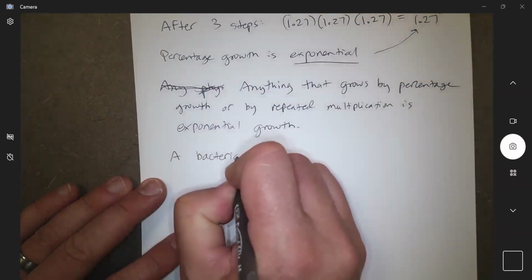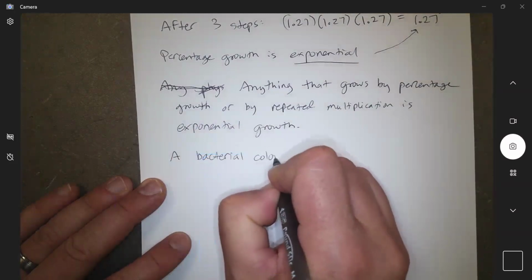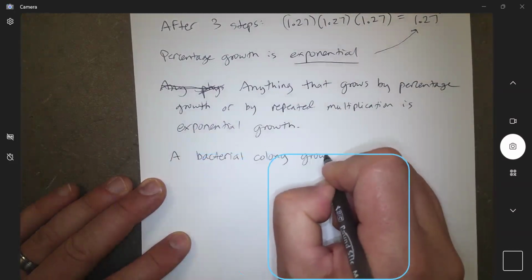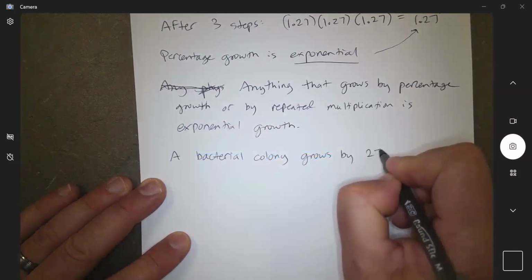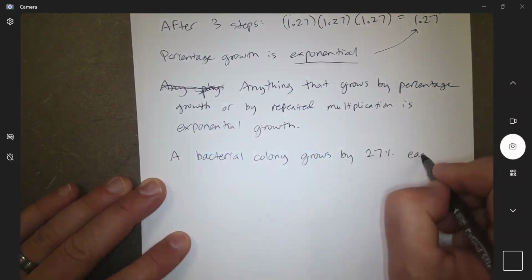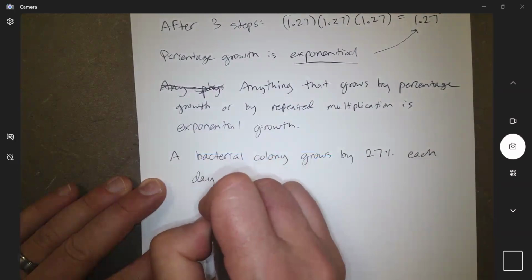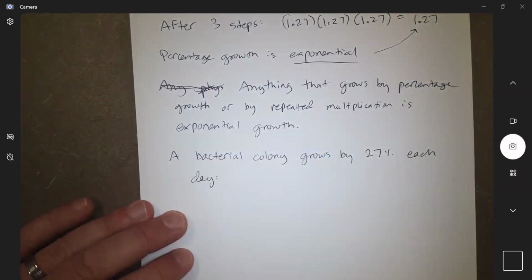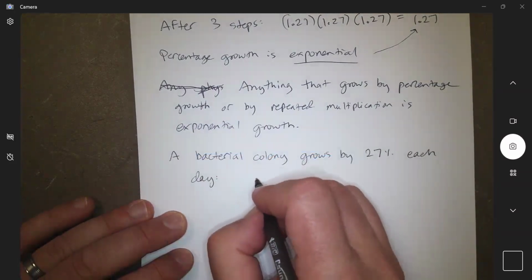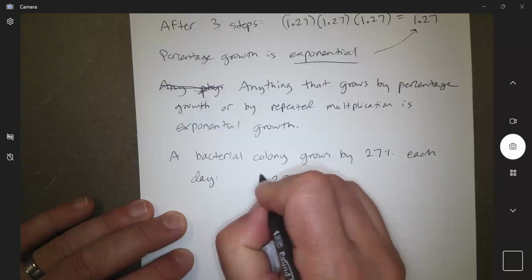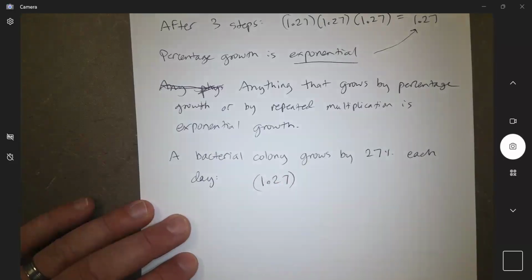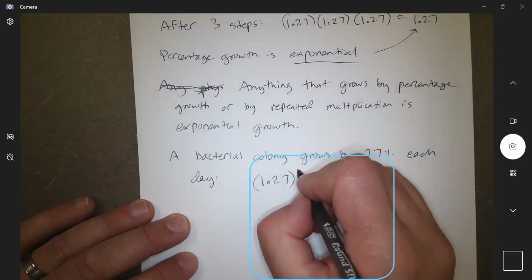A bacterial colony grows by 27% each day. That's 1.27 to the number of days.